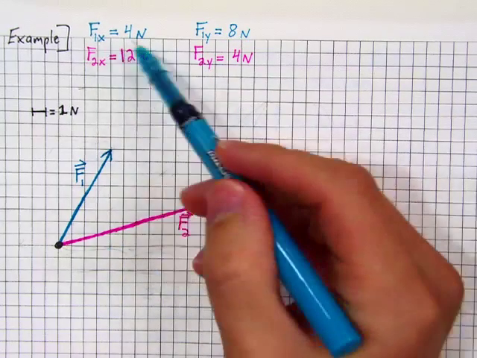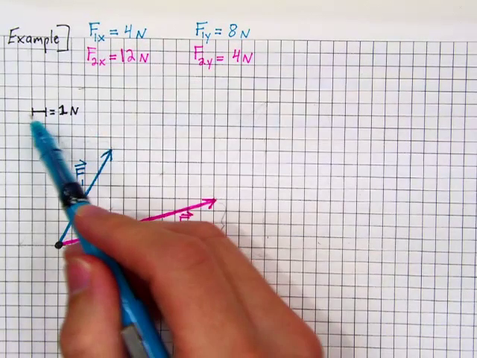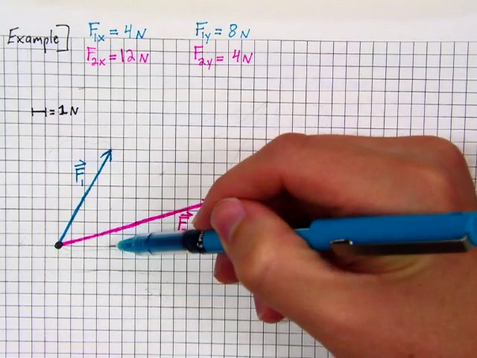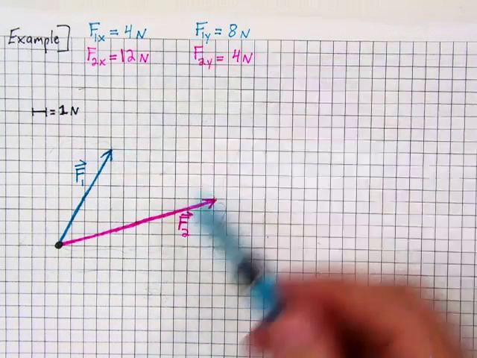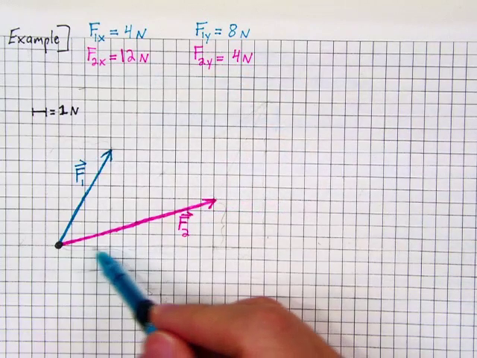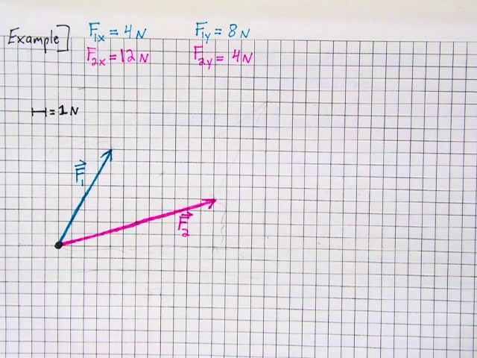F1 has X component 4 newtons and Y component 8 newtons. On this scale, one grid space is 1 newton, so that's 4 newtons this way by 8 newtons that way. Force 2 here has X component 12 newtons, Y component 4 newtons, so 12 newtons this way, 4 newtons that way. We want to add these two vectors and get a numerical result for the net force.